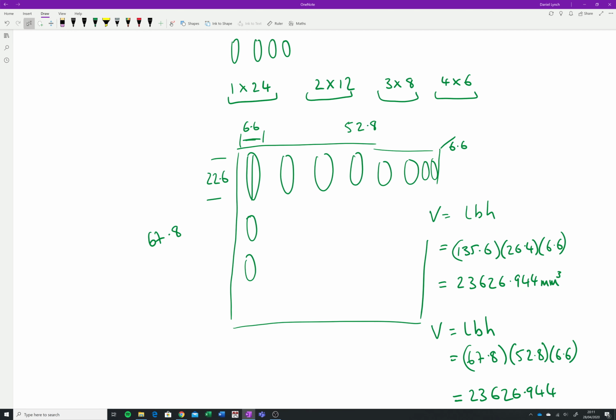So it turns out that whichever way you go and deal with this, and actually one of the fastest ways to see it is to do it with the 1 by 24. In that case, you'd have, for instance, 6.6 times 24. That is 158.4. You'd have that multiplied by 22.6 and then multiplied by 6.6, and it comes out exactly the same.